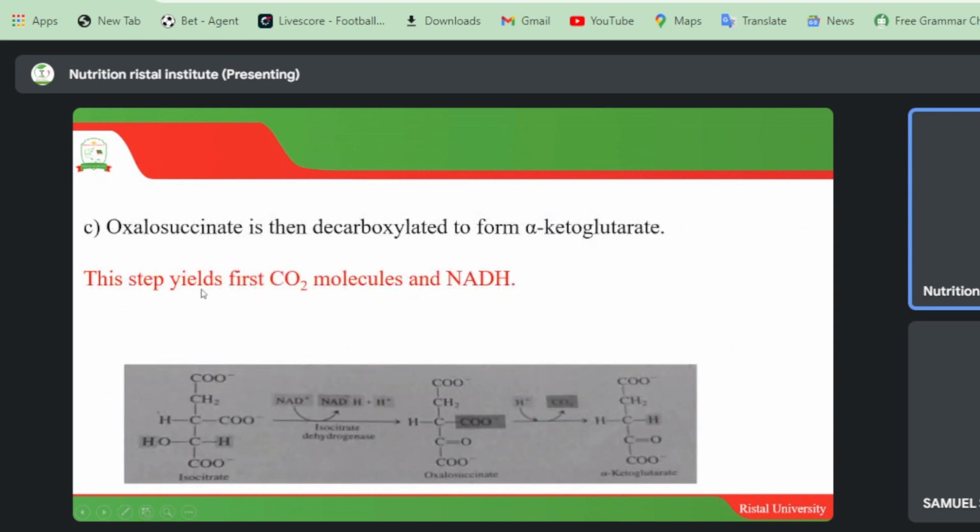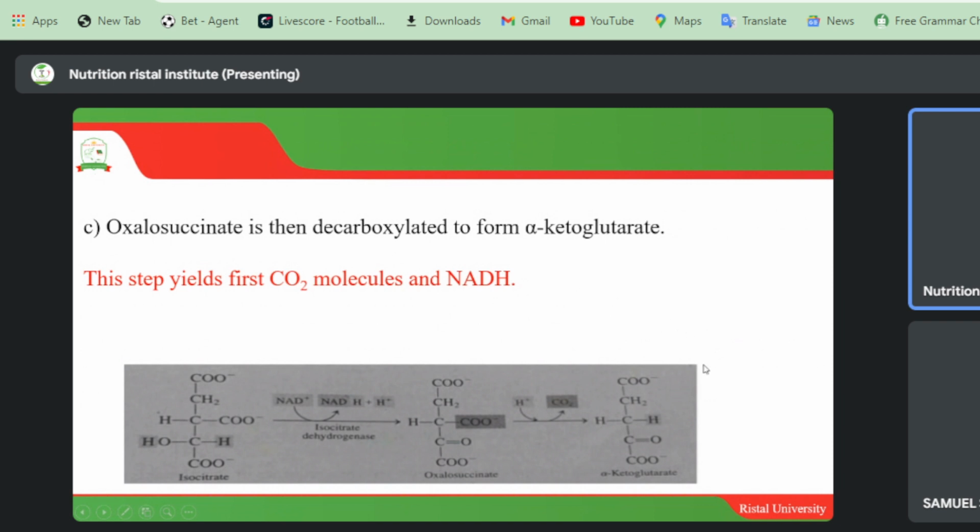Then third, the oxalosuccinate that is being formed is decarboxylated to form alpha-ketoglutarate. You can simply understand this in a way that our isocitrate is a 6-carbon molecule, and our alpha-ketoglutarate is a 5-carbon molecule.